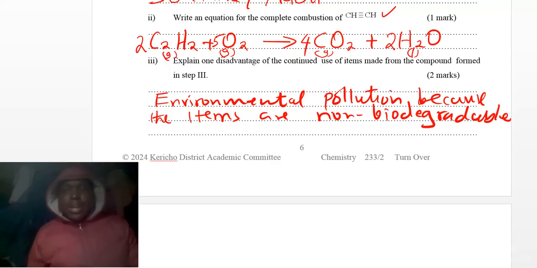Non-biodegradable, in other words, is that these items don't decompose. Therefore, they cause environmental pollution.